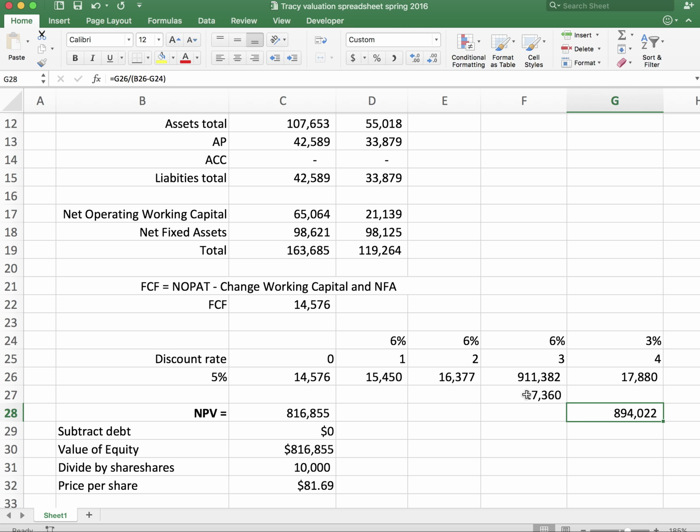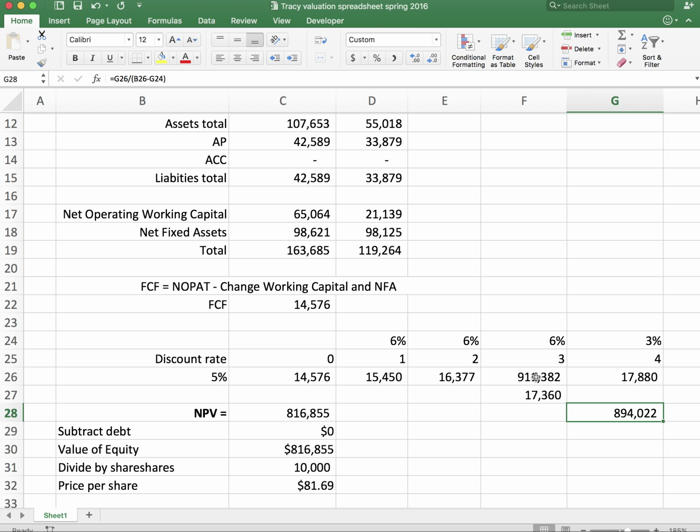The 17,360 is for year 3, 16,337 year 2, 15,450 for year 1. So 15,450 is this year, and 16,377 is this year, and 17,360 is year 3, and then everything beyond the end of year 3 to perpetuity is 894 million.